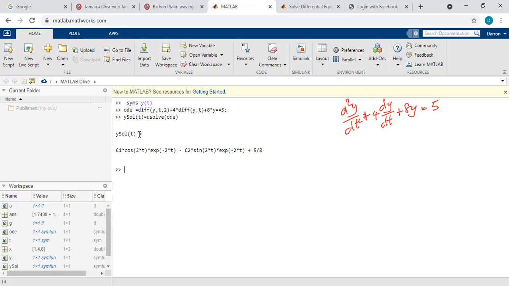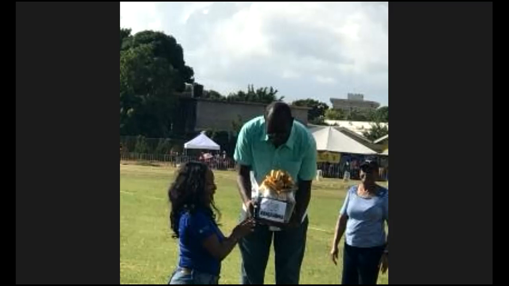If we use MATLAB, sir, we will have to still find C1 and C2? No, if you want to solve a differential equation by putting in the initial conditions, you can put in the initial conditions and it will find C1 and C2 for you. I didn't put in the initial conditions in this particular MATLAB example, but you'd have to put in the initial conditions, COND, and then put in what they are.